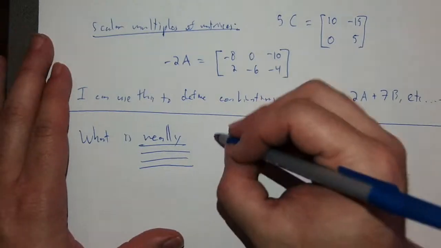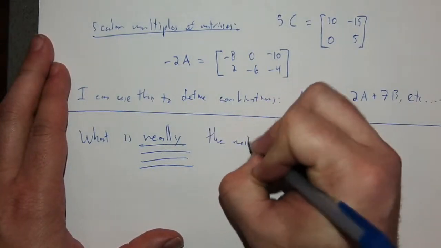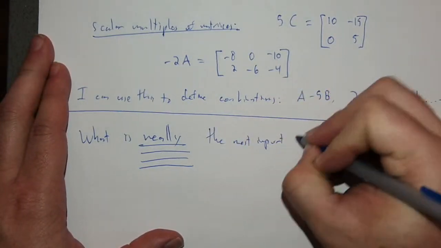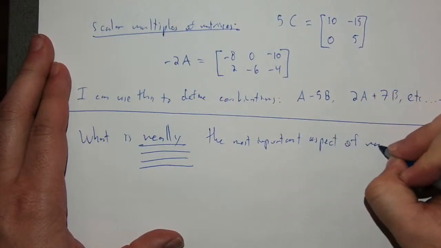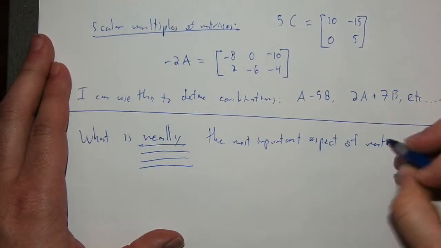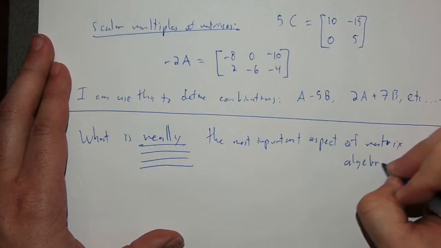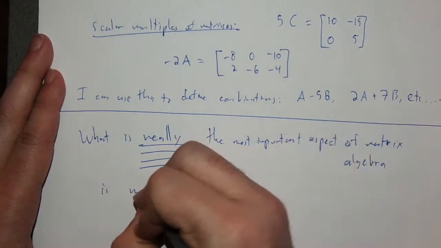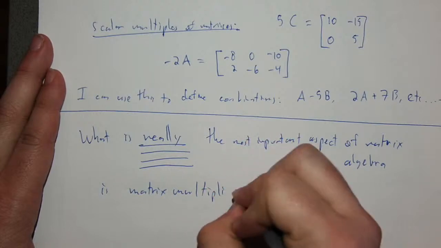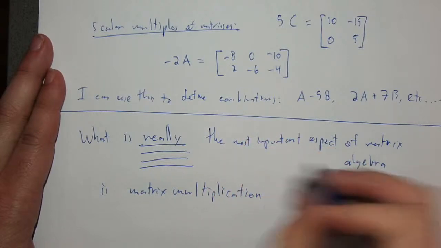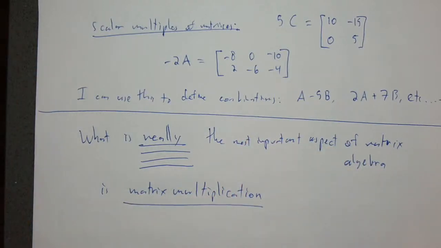What is really the most important aspect of matrix algebra? It is matrix multiplication. This is by far the most important thing.